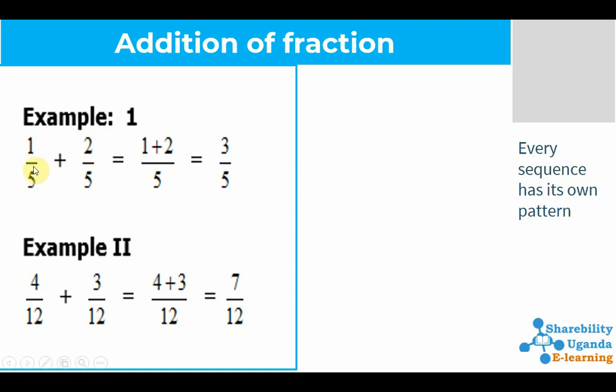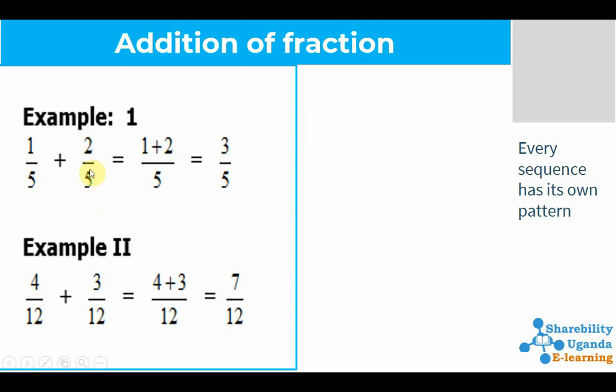Now look here. When you are given the same denominators, it is quite simple. You just write your equal sign, and write that same denominator, which is 5. Remember, our fractions are 1 out of 5 and 2 out of 5.